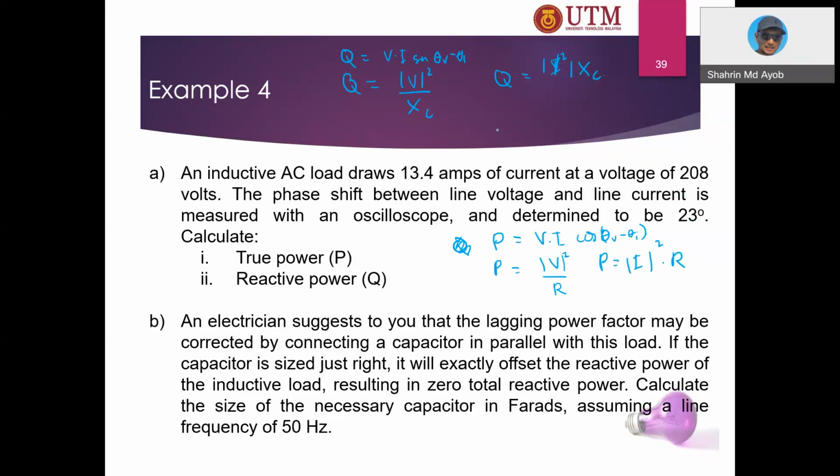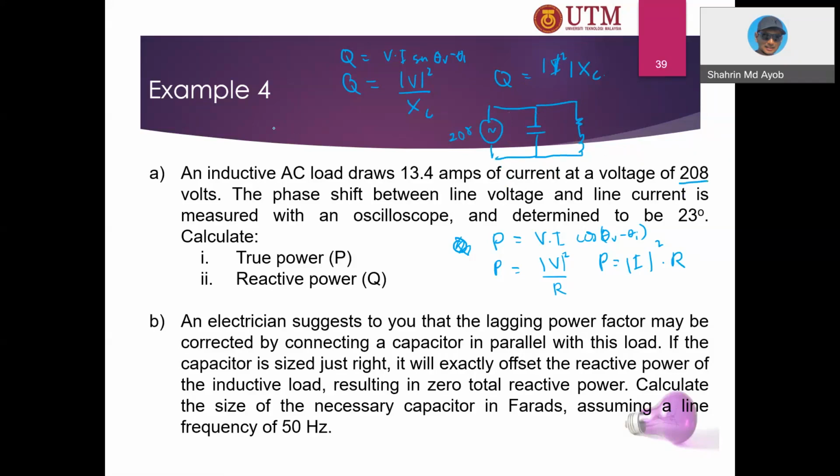But our circuit is like this. The capacitor is connected in parallel with the source, and the source is given already: 208 volt RMS.